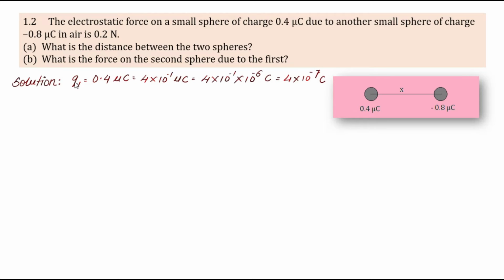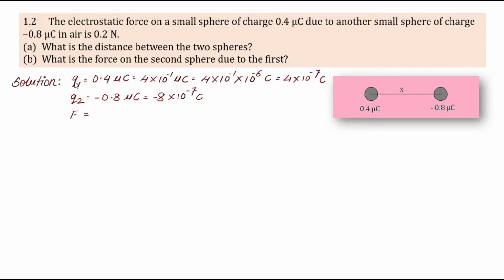I am converting this value into the SI unit of charge, that is coulomb. Similarly, Q2 can be written as minus 0.8 microcoulomb, and that can be written as minus 8 into 10 raised to minus 7 coulomb. So these are the two charges which are given in the problem.